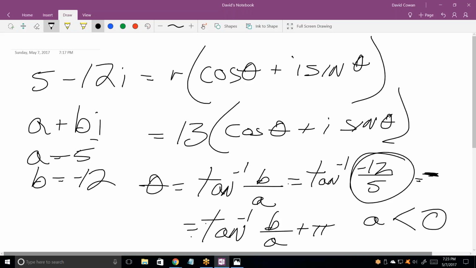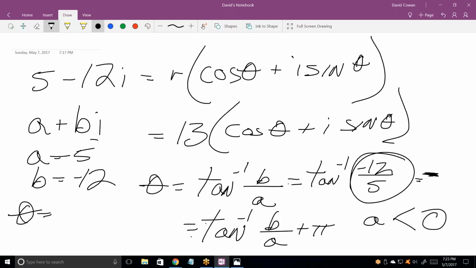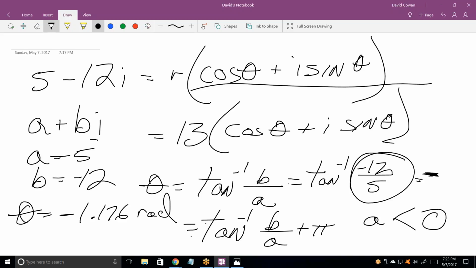So, theta, we'll leave it in radians, negative 1.176. Okay, that's fine. So the answer is going to be that with negative 1.176 plugged in for theta.